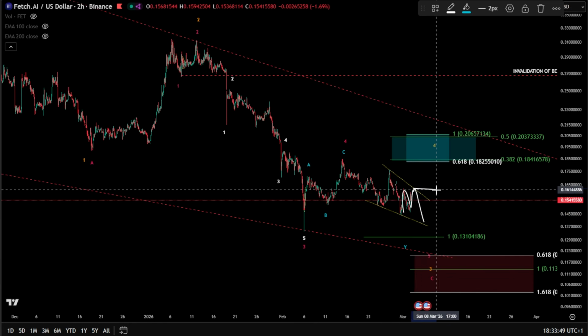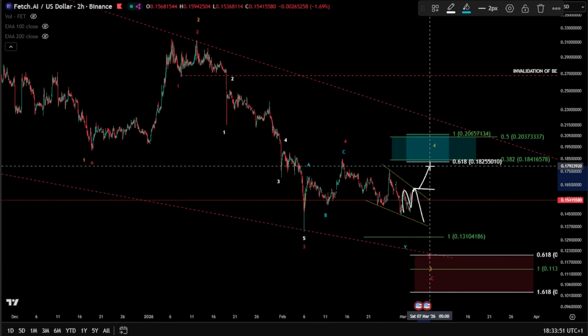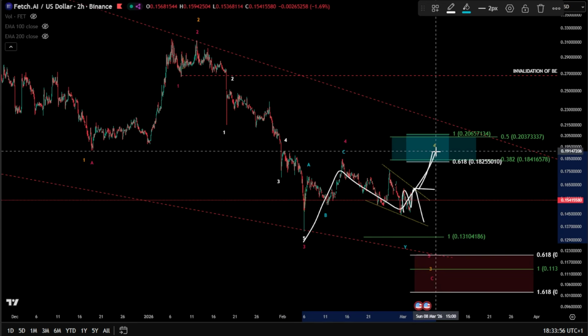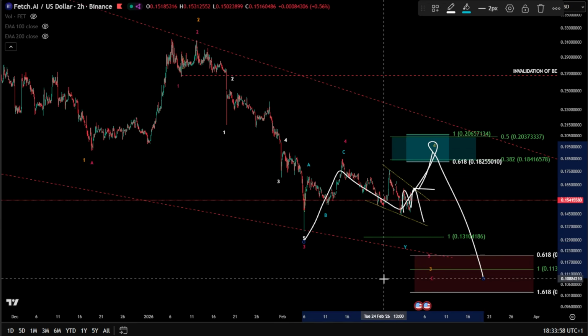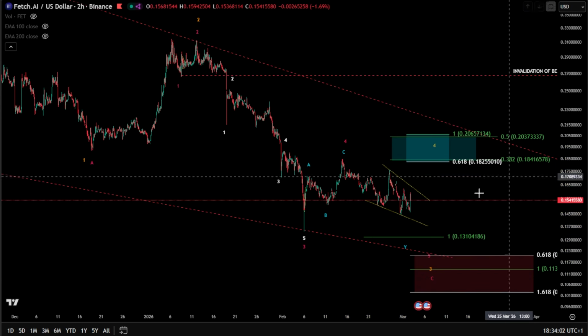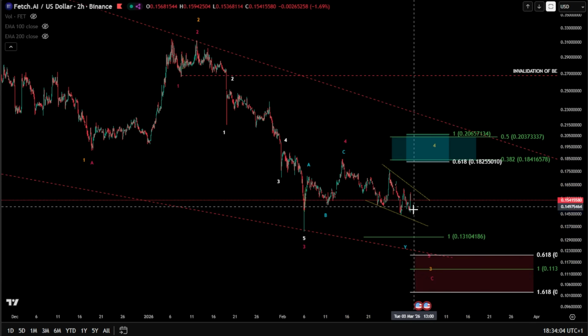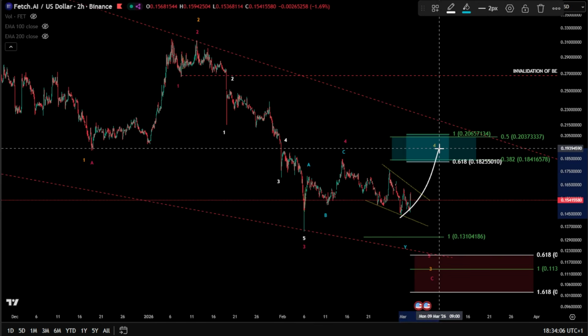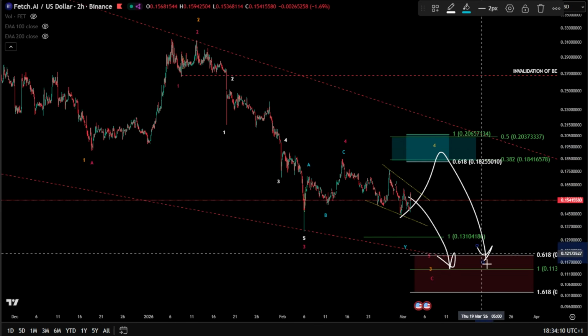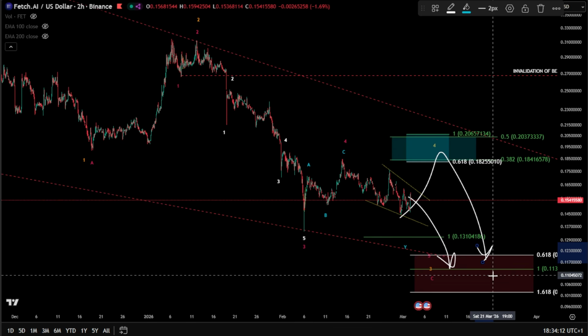But if the price pushes higher here, then you are looking for a bigger wave 4 again, A, B, and C in a wave 4, and then pushing down again. By all means, on the micro level, you might seek a little bit higher prices. It can be a small wave, it can be a bigger wave, but both scenarios will lead us at the end to one more low over there.